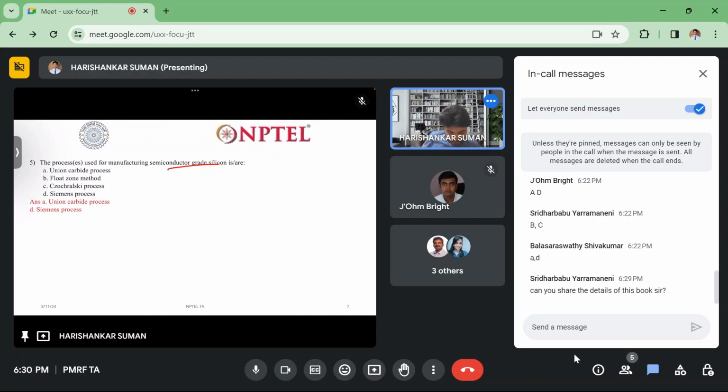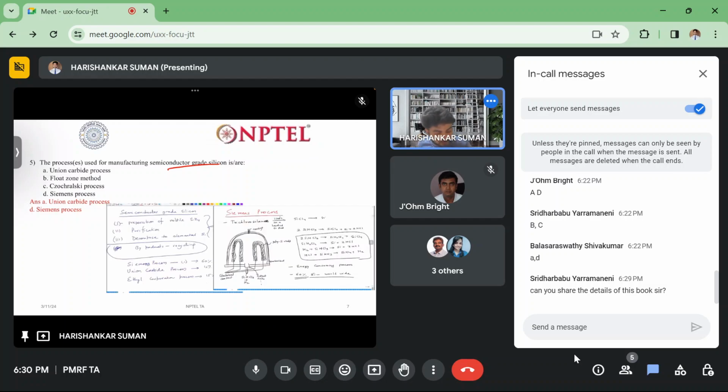For grade silicon, it is Union Carbide and Siemens process. And the semiconductor grade silicon was already discussed. Please look at this slide also and the lecture notes.